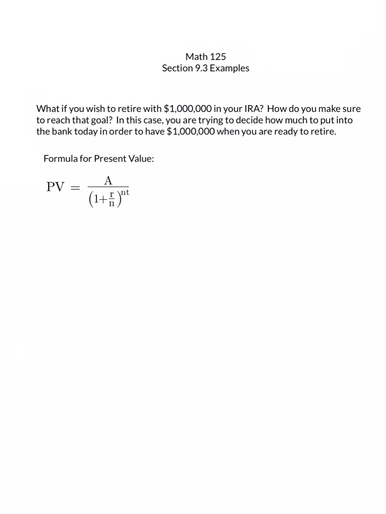Our formula for present value is PV equals A over the quantity of 1 plus r over n being raised to the nt power. Please take note that this is the formula that we learned in section 2 of A equals P times 1 plus r over n to the nt formula.